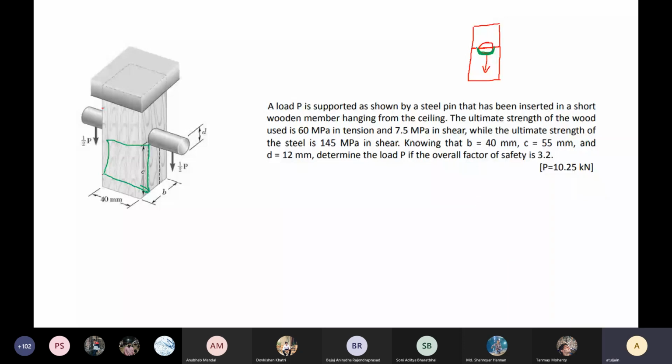While calculating shear, we are taking this region, not this blue line. You are saying we should take, let's draw it in some other color, this length.